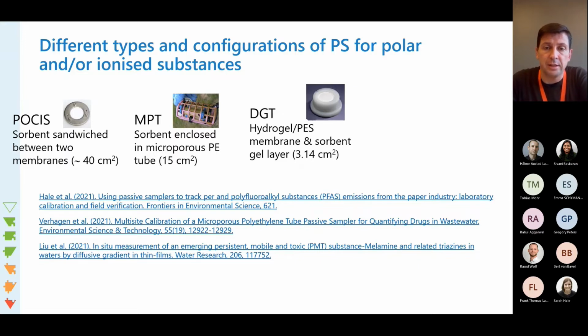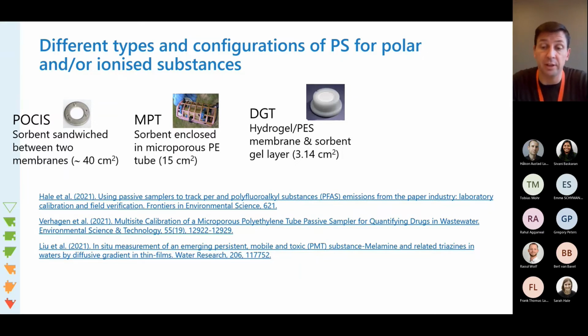The next device is this DGT. It was originally developed for sampling metals, but over the last 10 years, maybe even more than that, it's been applied to organic contaminants, and some different types of gels and so on have been used and adapted for different classes of chemicals.